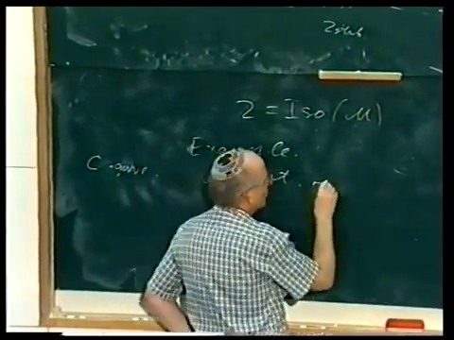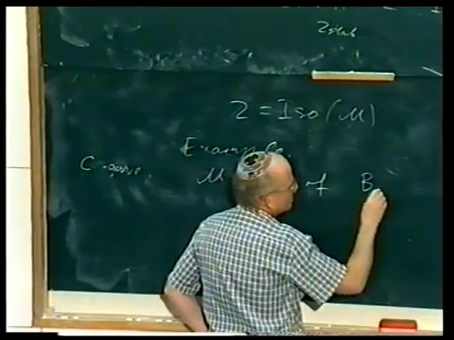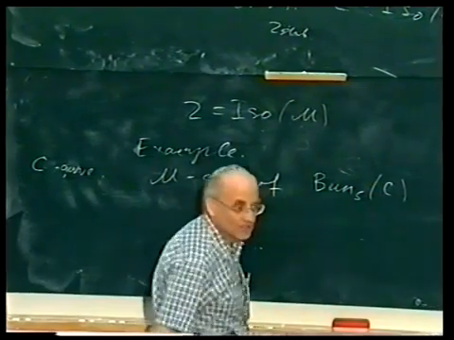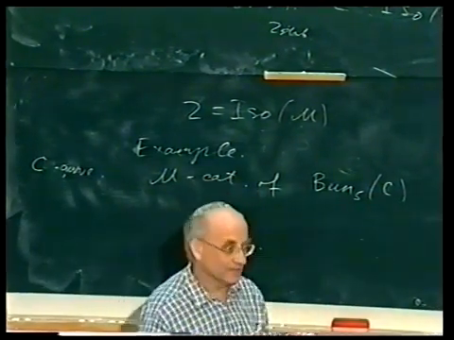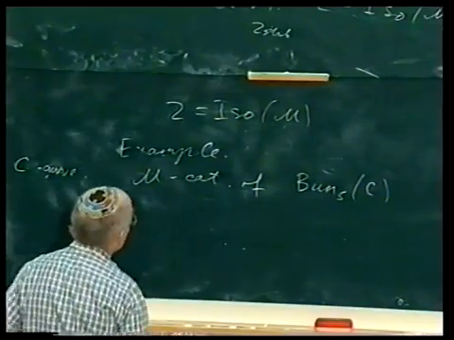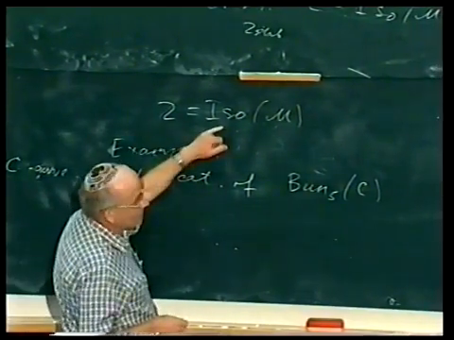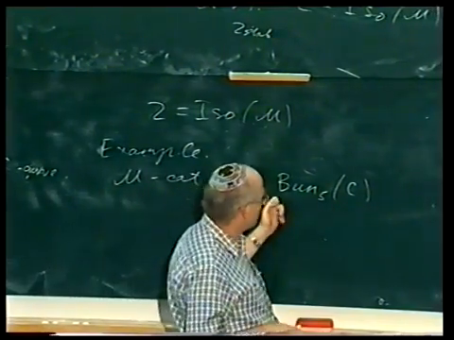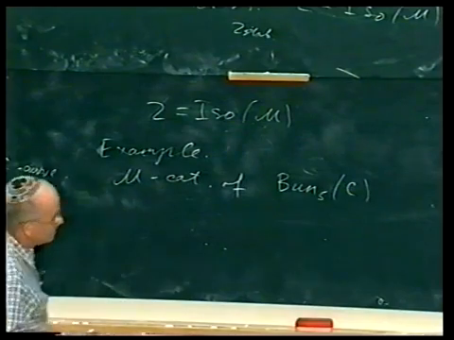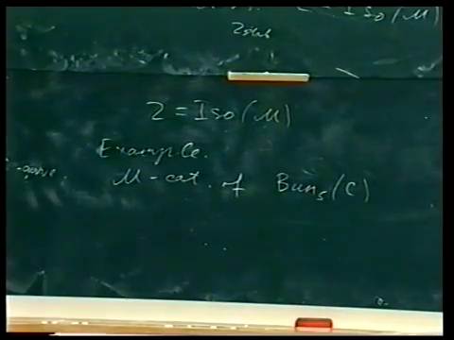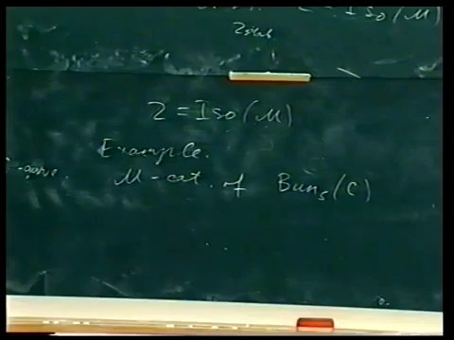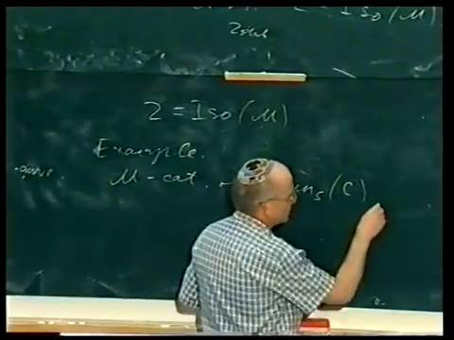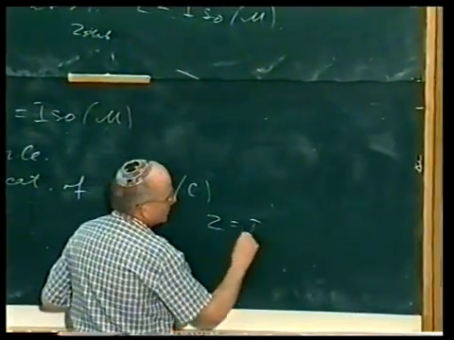Let M be the category of 5-dimensional bundles over C. Consider bundles of dimension 5, and then consider isomorphism classes of these. It is clear that these will be parameterized more or less by a finite number of parameters. So we consider Z, the isomorphism classes of bundles.